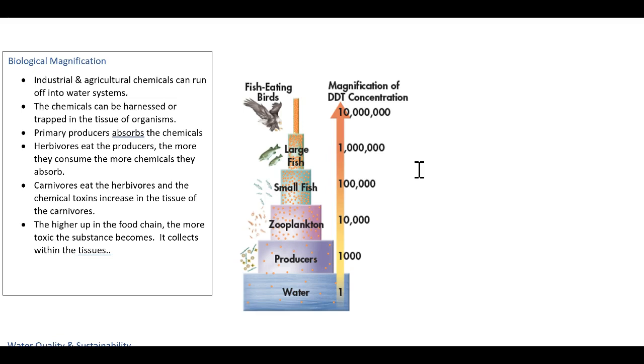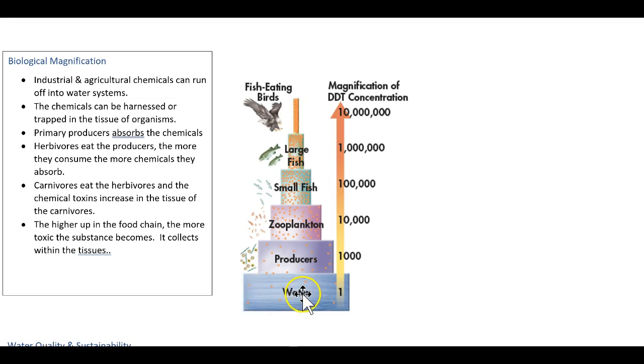So they were trying to figure out the cause, what happened, and they discovered that in the water from runoff was high concentrations of this DDT that the farmers and communities were using as a pesticide.